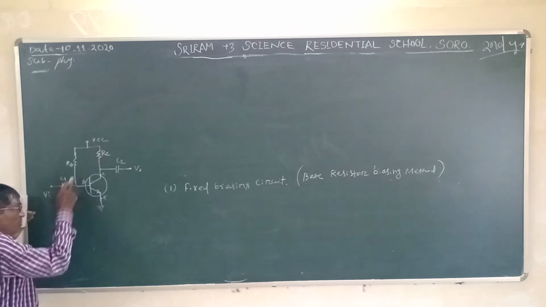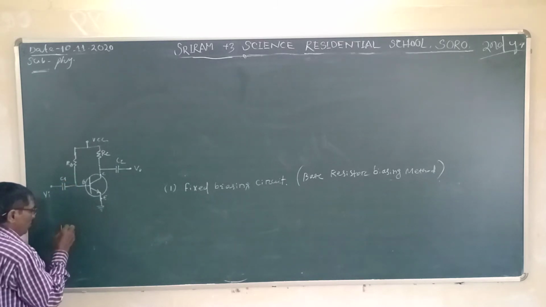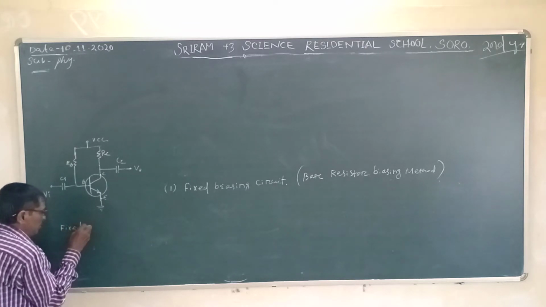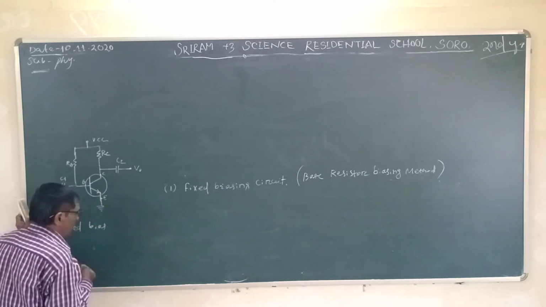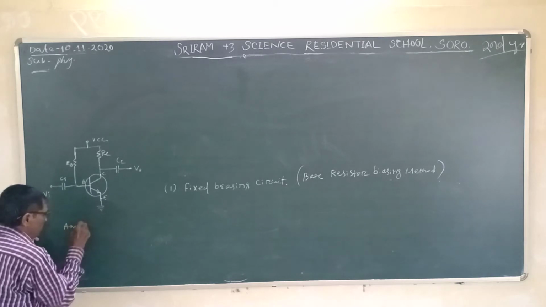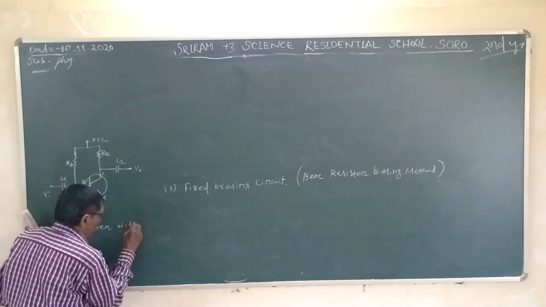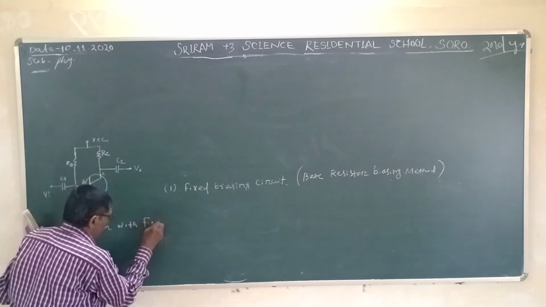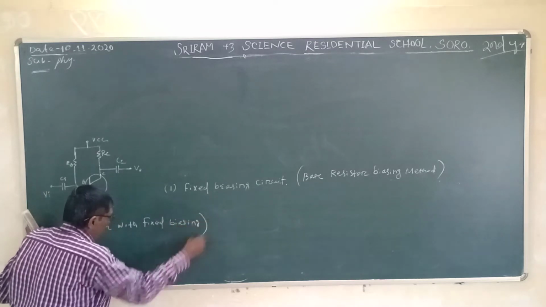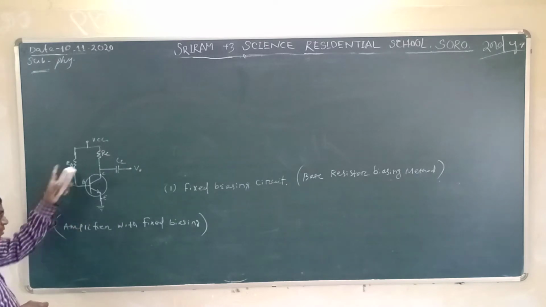This is the amplifier with fixed bias, or fixed biasing. Now this is the amplifier circuit.